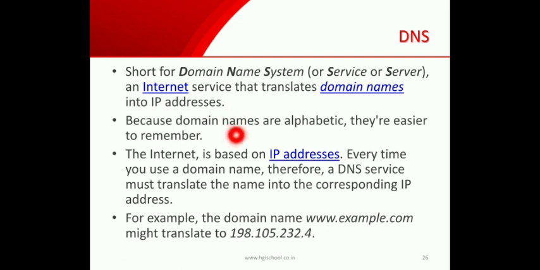Because domain names are alphabetic, they are easier to remember. The internet is based on IP addresses. Every time you use a domain name, therefore, a DNS service must translate the name into the corresponding IP address. So DNS is a service which converts your domain address to the particular IP address.